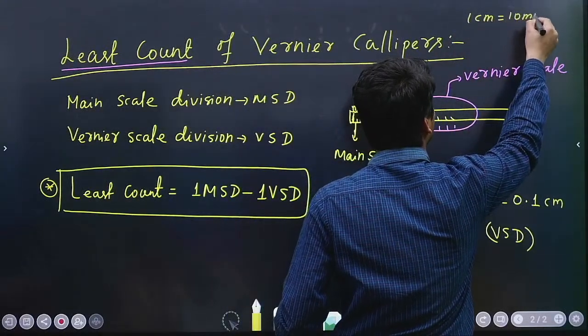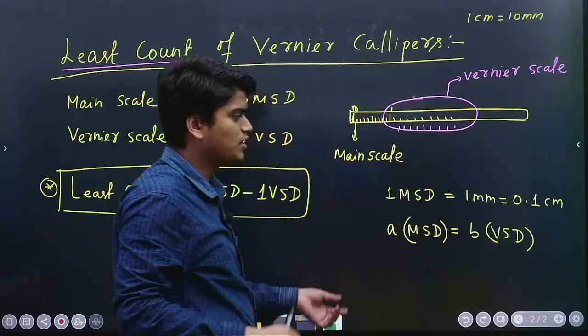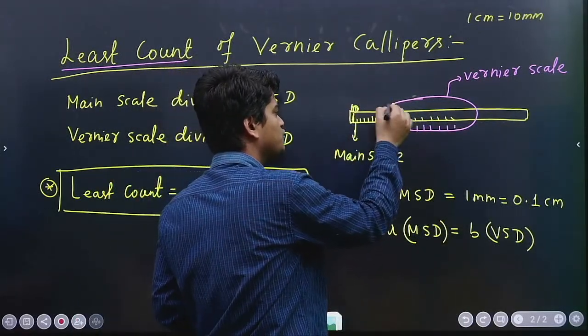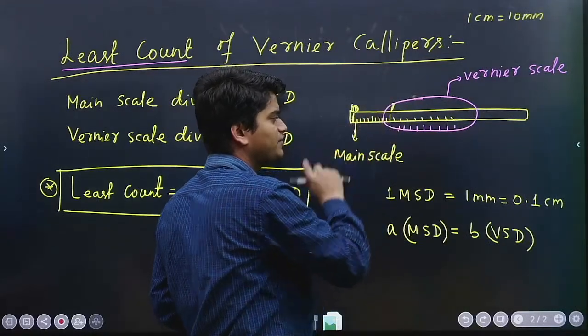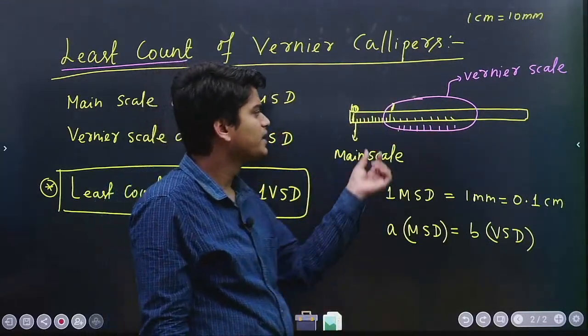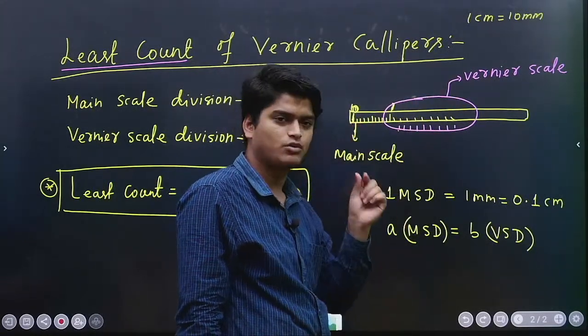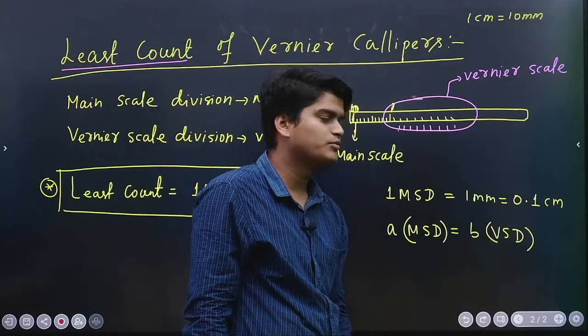In a normal scale, between 0 and 1 centimeter, this is 0, this is 1, you have 10 divisions. That's why 10 millimeter is equal to 1 centimeter, and that one division is basically 1 millimeter, and 1 millimeter is 0.1 centimeter.